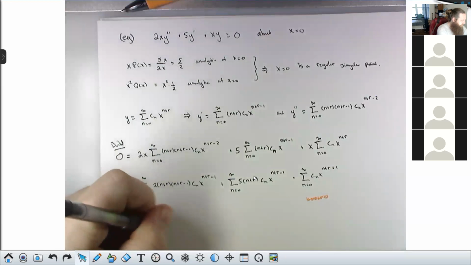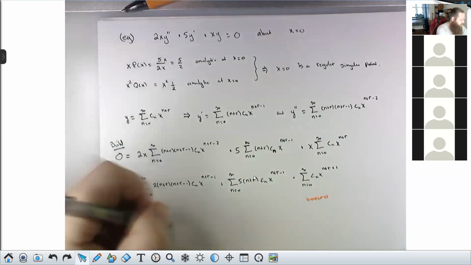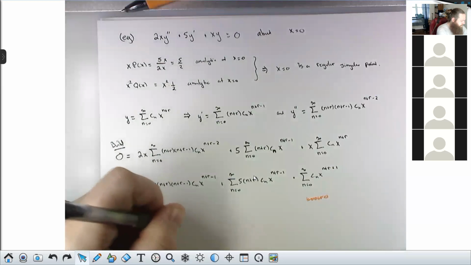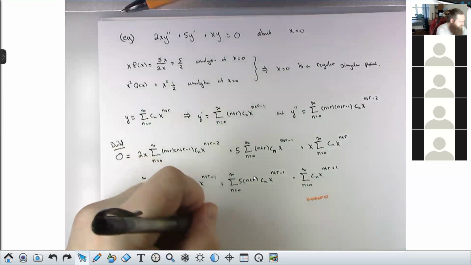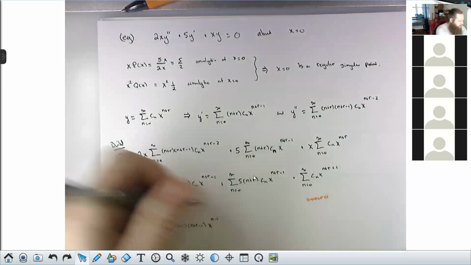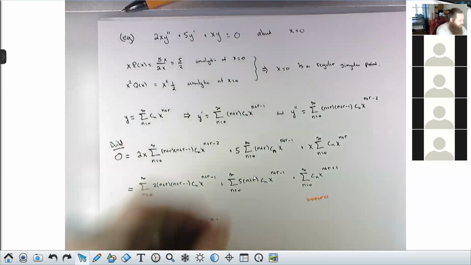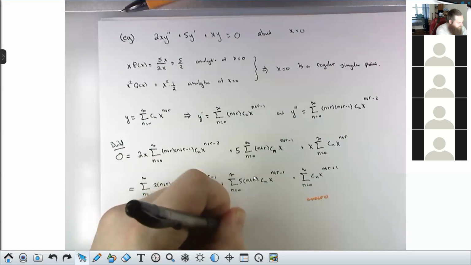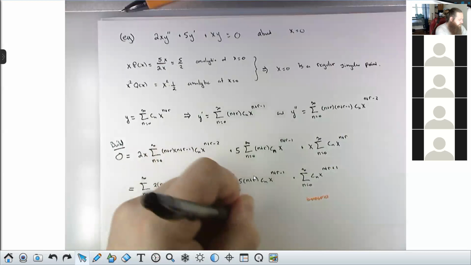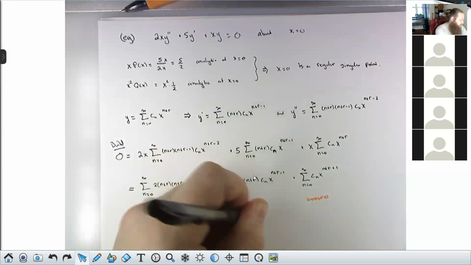I'll leave them separate. 2 times n plus r times [n] plus r minus 1, and then here this will just be x to the n minus 1. Yeah, we're not that lucky, are we? Plus sigma n equals 0 to infinity, plus r.